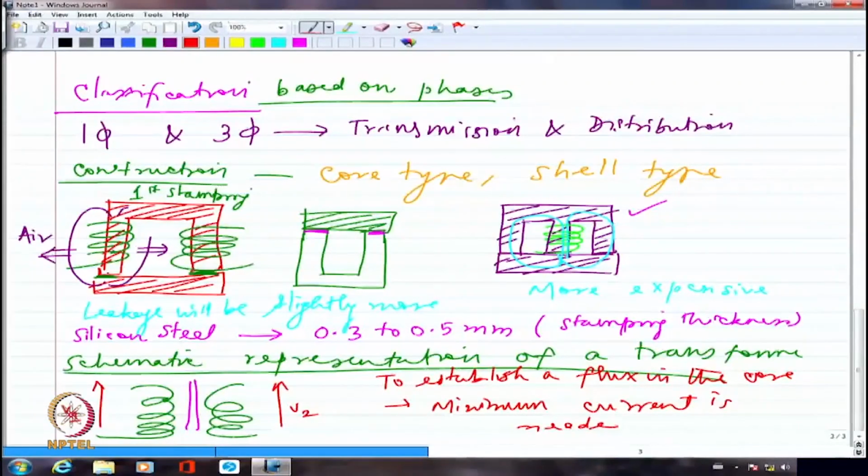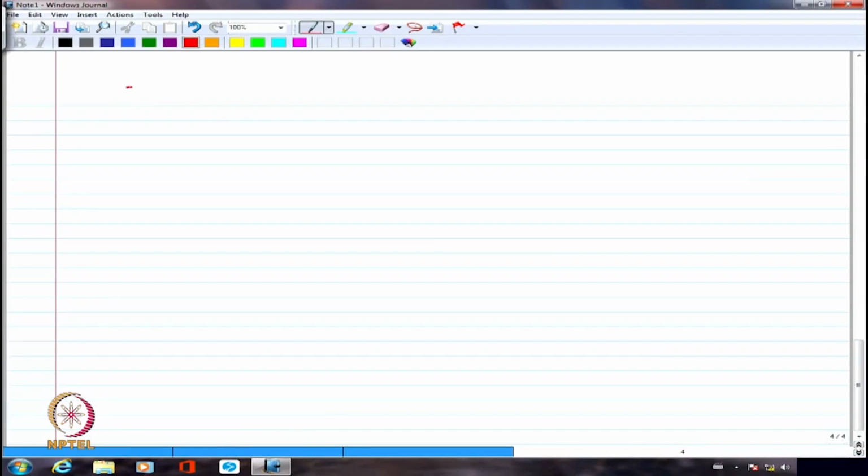Very minimum current is needed. This is because of the fact that I am having very, very low reluctance for the core material. Is that clear?